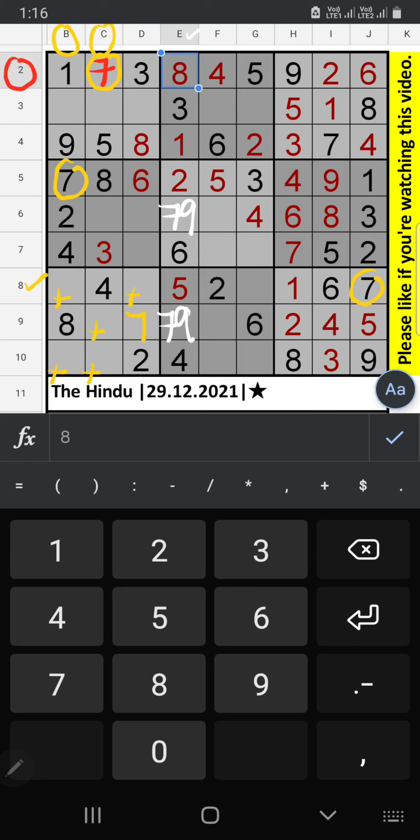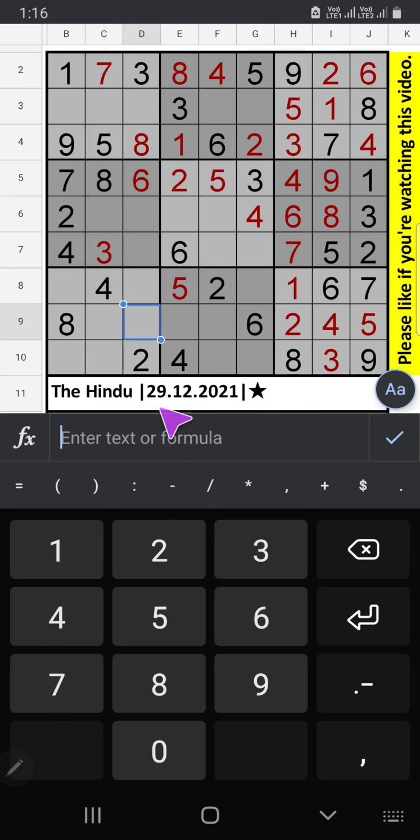Then 7 will be here. Since 7 is here, it can't come in this cell. 7 will be here, then 9 will be here. Then we finished column E also.